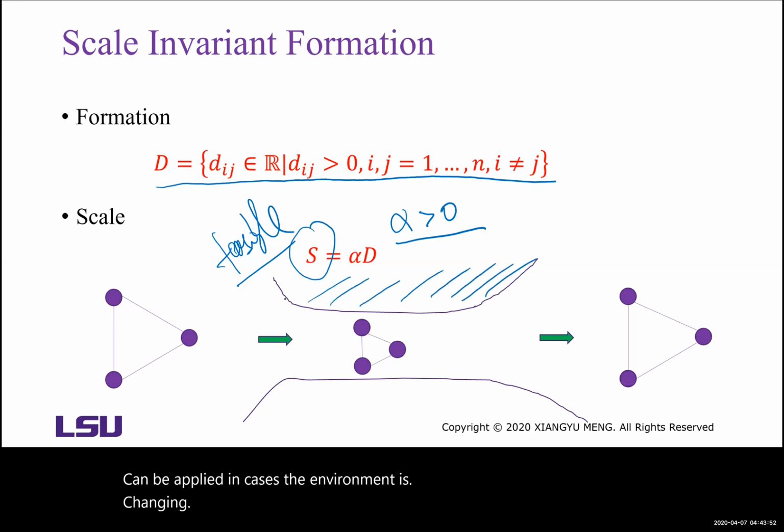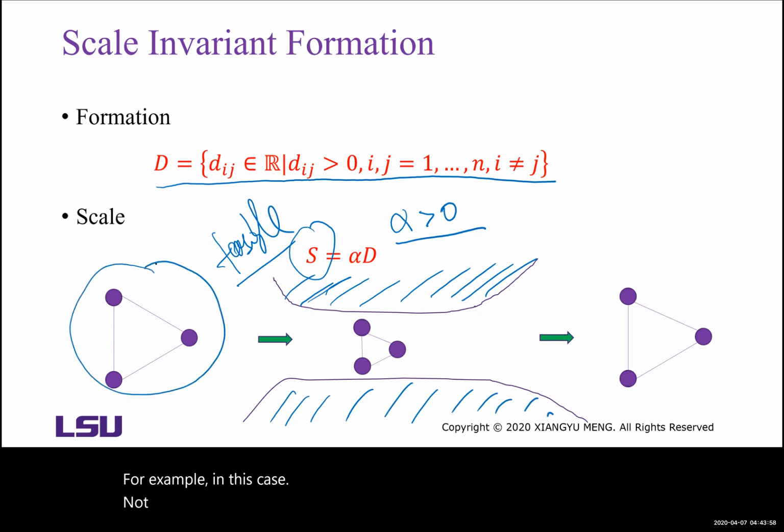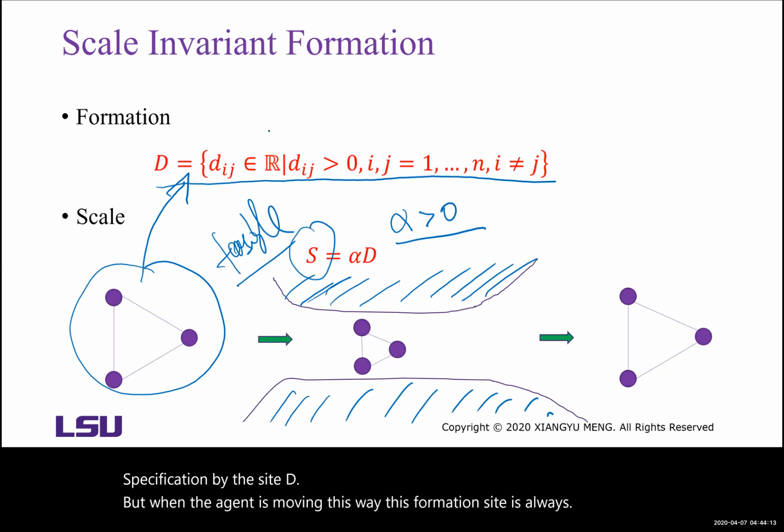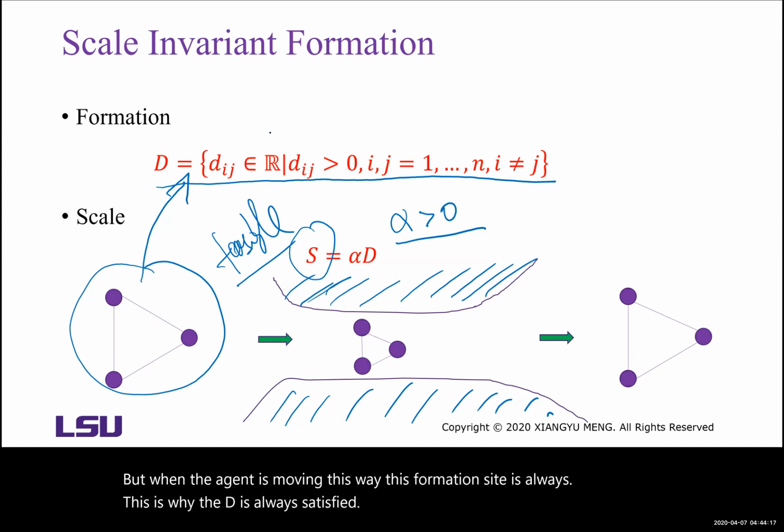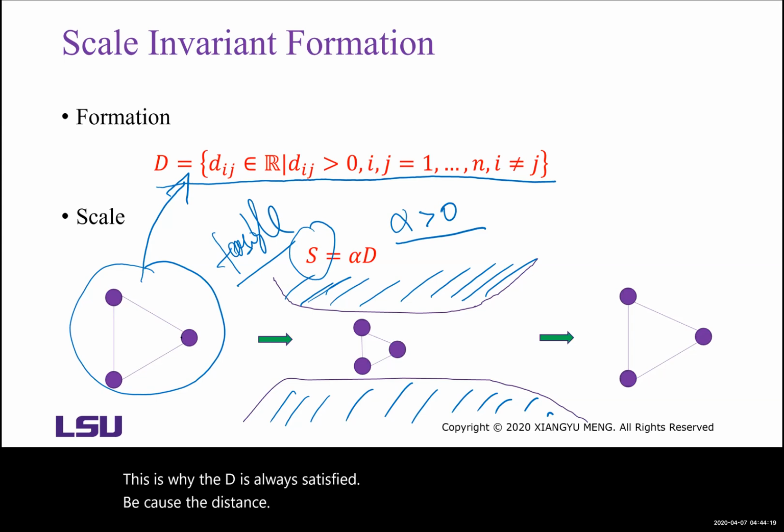For example, in this case, now the agents satisfy the formation specification by the set D. But when the agents are moving this way, this formation set is always satisfied, because the distances are kept constant.